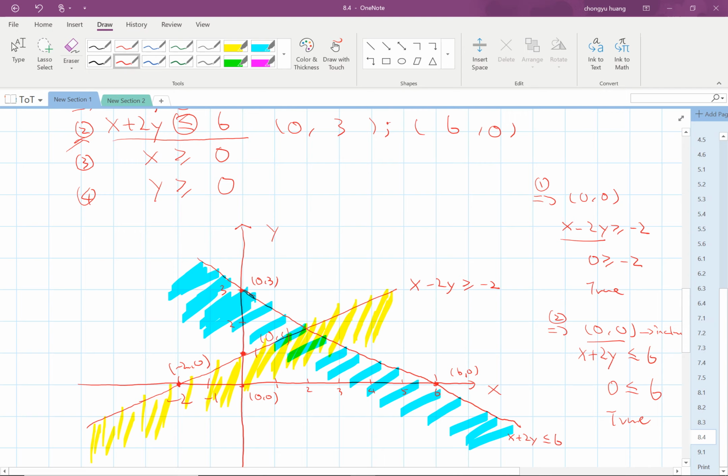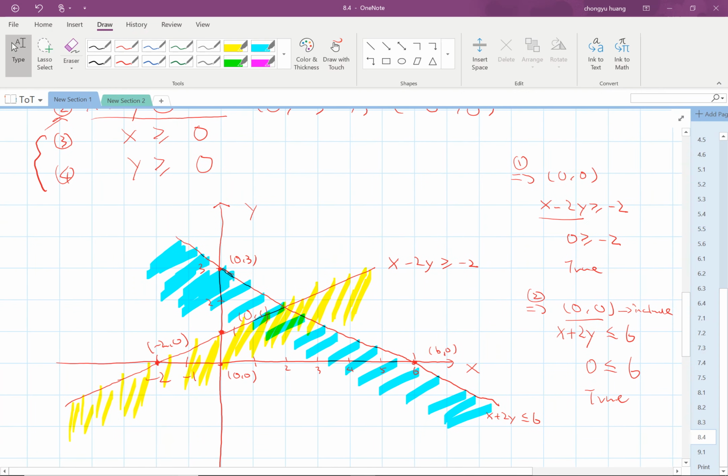So now you're looking at those two statements. As you can see, for the third statement and the fourth statement, we have x bigger than or equal to 0, and y bigger than or equal to 0. That means the area has to be in quarter 1, right?